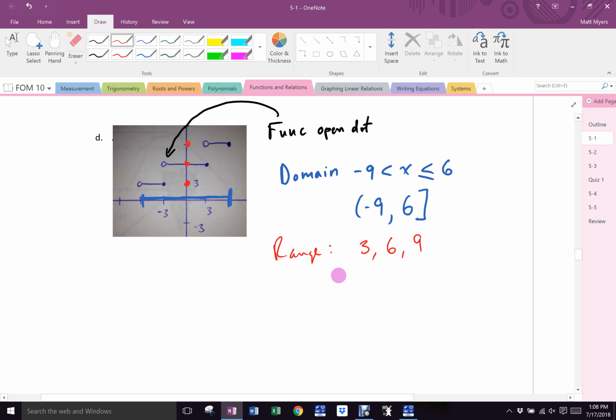What's the interval notation there? It's a trick question. Is there an interval notation? No, because it's not colored in. They're just single dots. So there is no section of the y-axis. Is everybody good?